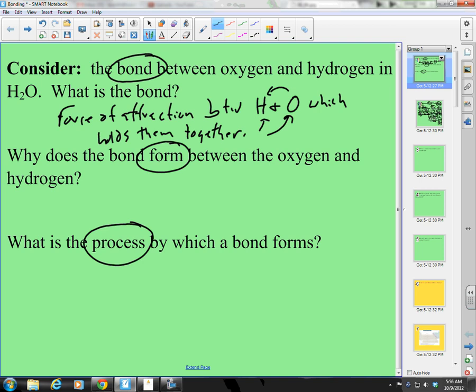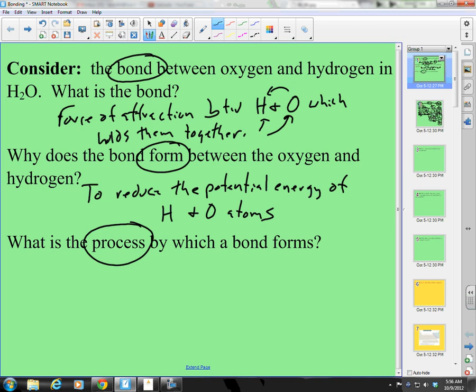Why does the bond form? It forms to reduce the potential energy of the hydrogen and oxygen atoms. And what is the process by which these form? Hydrogen and oxygen gain noble gas electron configurations.